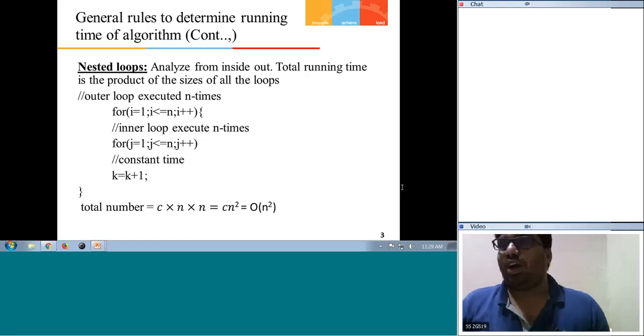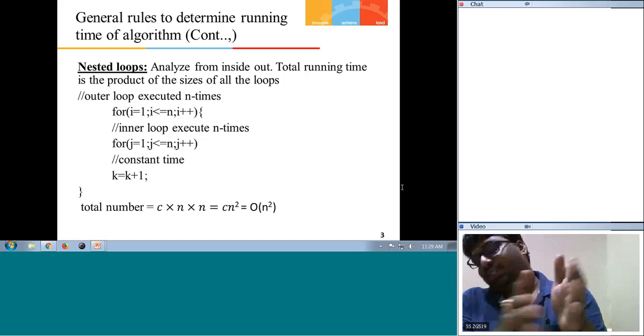Someone asks, can I write order of mn? Yes, you can write it. Size of input m and size of input n. But unfortunately, in this case, the input size is only n. We are not using two inputs m and n. That's why you should not write order of mn for this program.